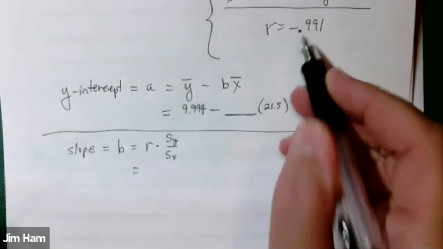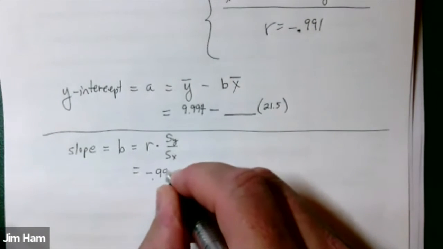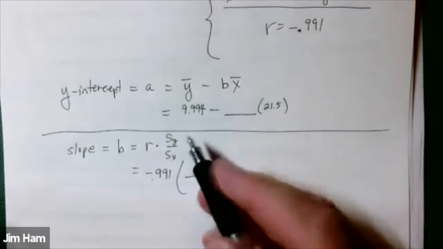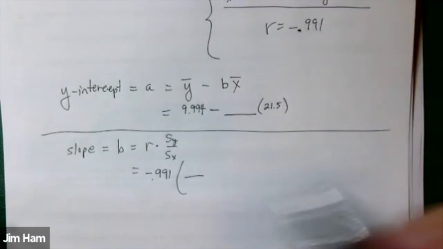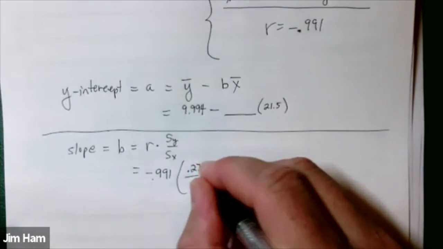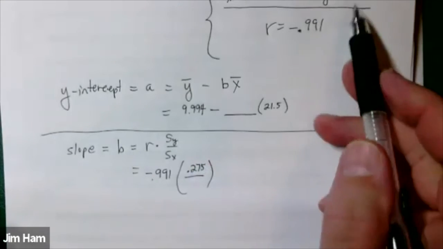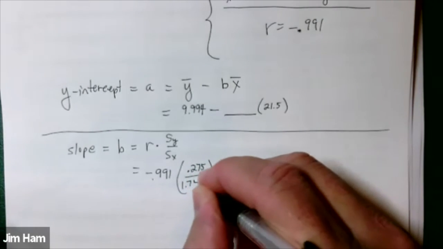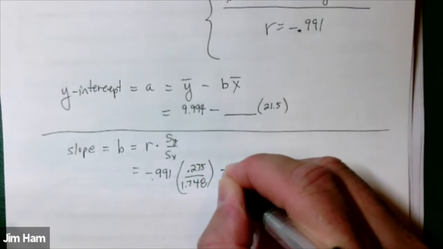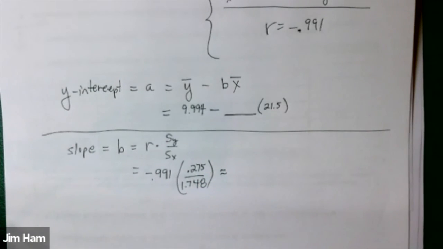We know R is negative 0.991, and then we're going to multiply by the standard deviation of the Y. It's right there, 0.275. And we're going to divide by the standard deviation of the X, 1.748.